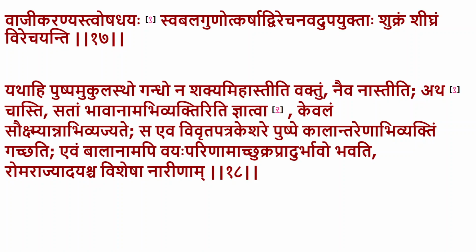The answer: Vajikarana aushadhayah sva bala gunotkarshat vilayan vadupekta shukram shigram vilayanti. Sushruta has clarified that Vajikarana Aushadhis may not really increase the production of shukra, but they will facilitate the excretion of the shukra which is already collected, already present in the body, because of their qualities.